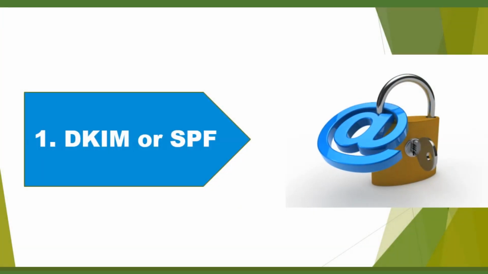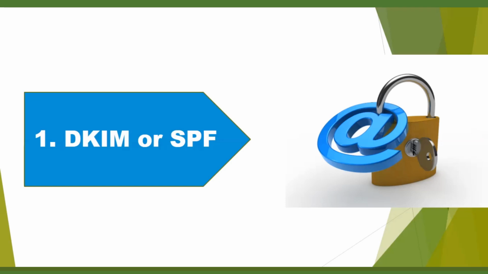So how to avoid a spam folder? Number 1, set up DKIM and SPF records in your domain. DKIM and SPF are two important DNS records that authenticate your email addresses, so you send your email as a legal sender.